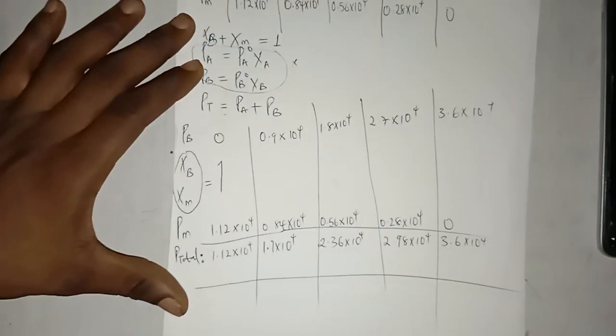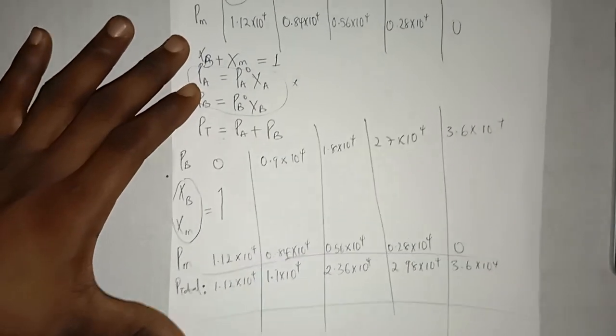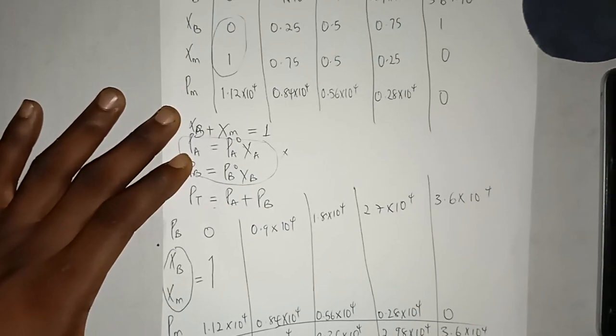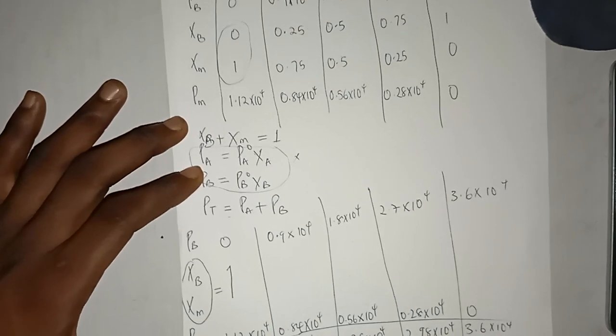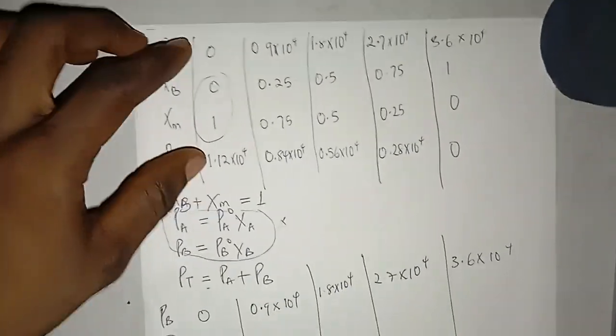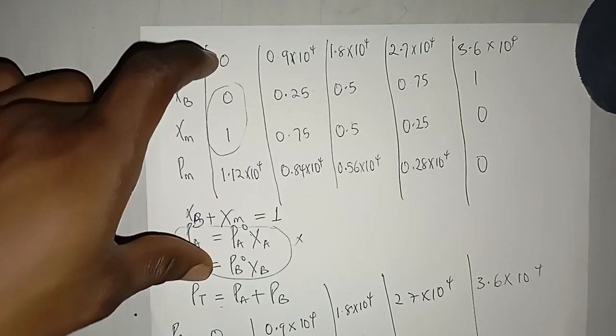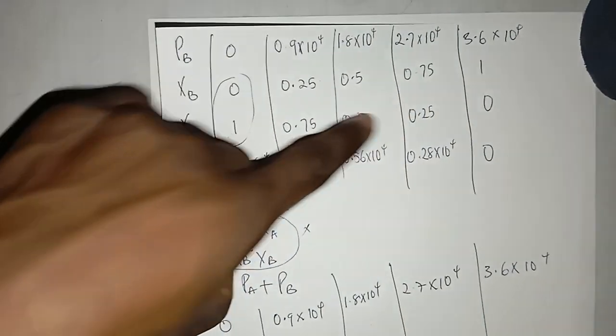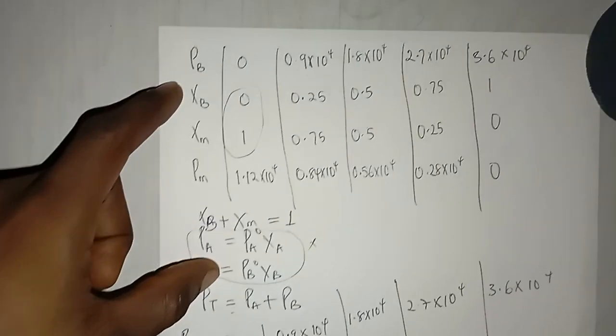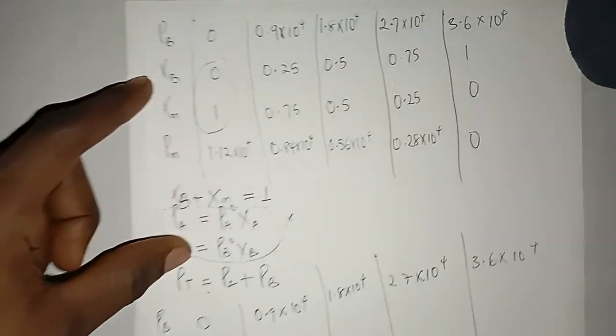So all I got to do is, when I'm now solving for the vapor pressure of the benzene and that of the methylbenzene, I use this and this, then against each of these. So the way we plotted the first one.